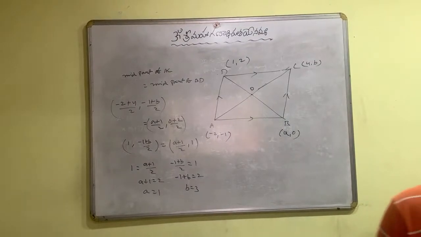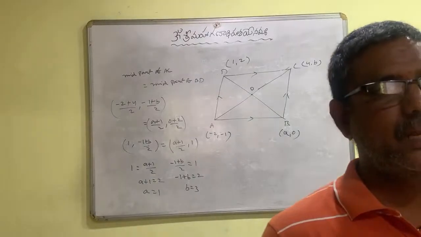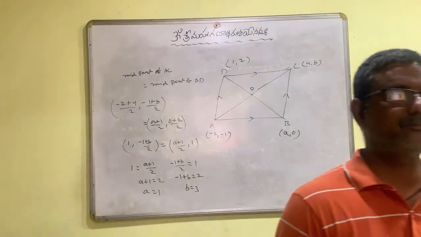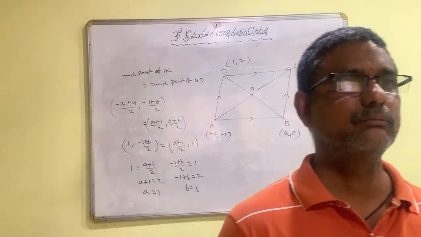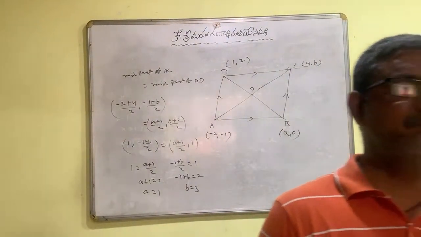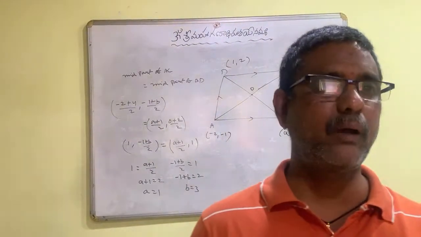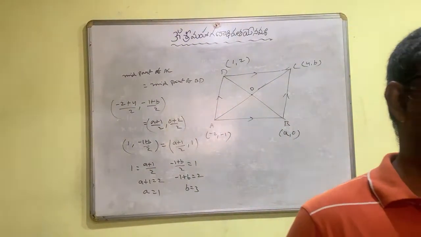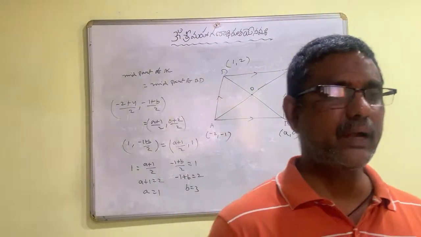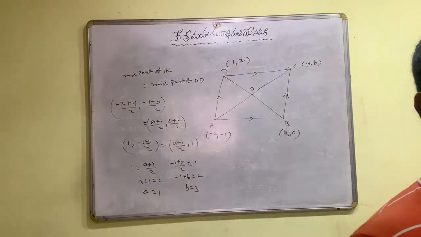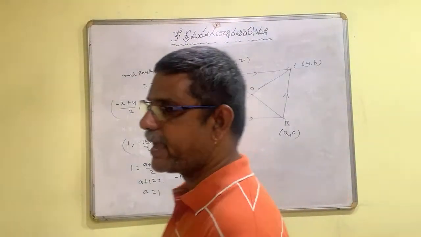In a parallelogram diagonals bisect each other. That means the midpoint of diagonal AC as well as the midpoint of diagonal BD are equal. So by using that property we can find the unknown values. Okay, that's all for today.